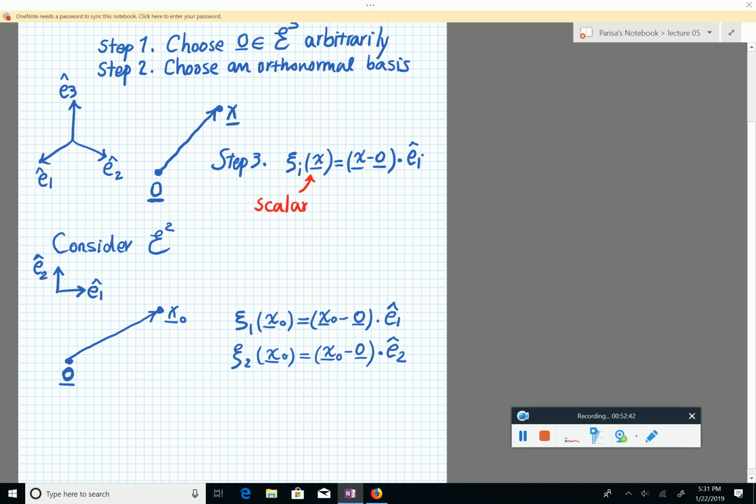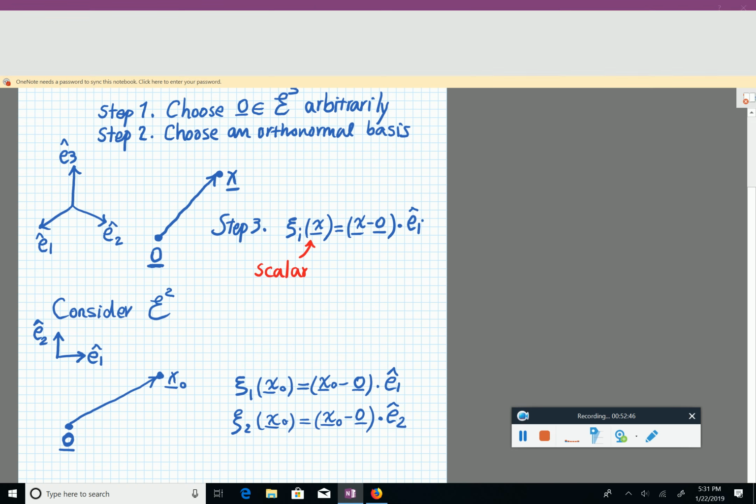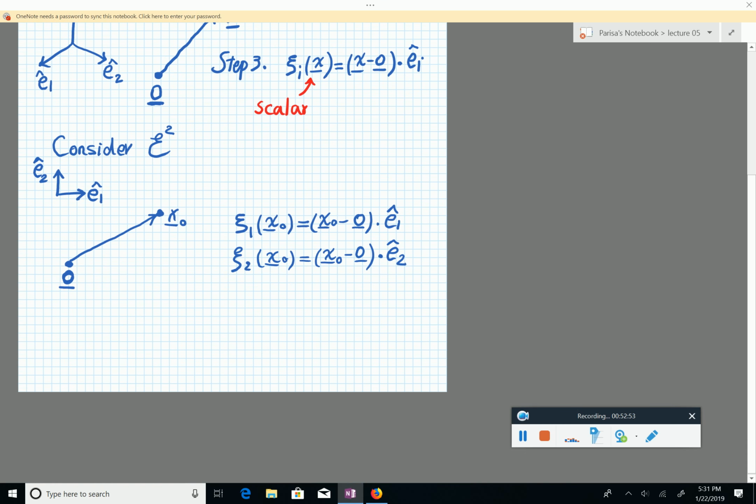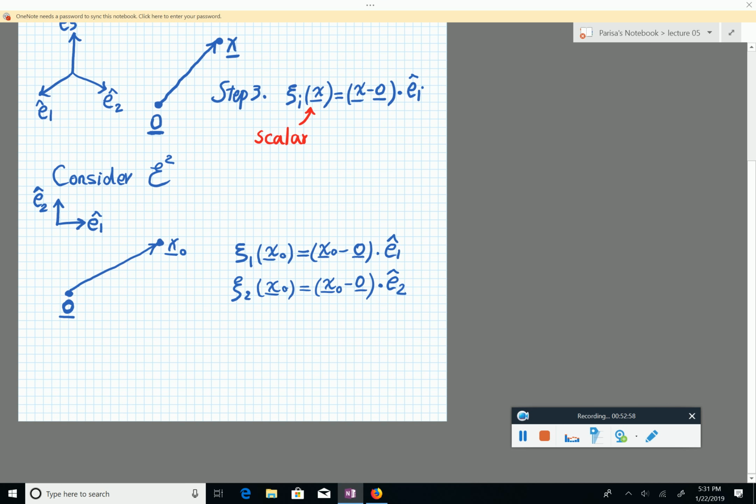so these are the coordinates. We all know that. Something that we need to define is the concept of coordinate lines. Too bad. I have to draw this again.